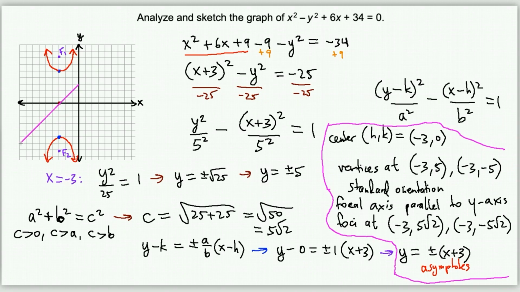I know it looks like the line is really far away from the hyperbola in question, but that doesn't matter, right? Because the hyperbola will expand and get closer and closer to this asymptotic line.